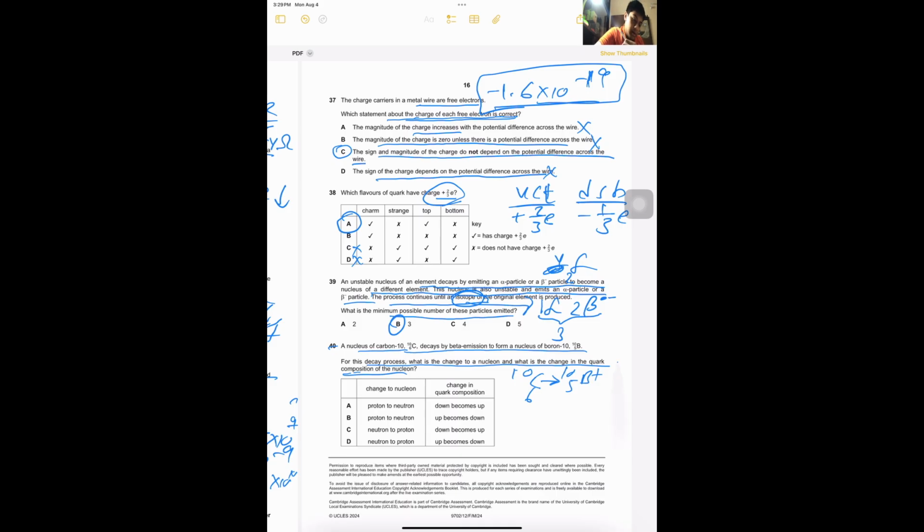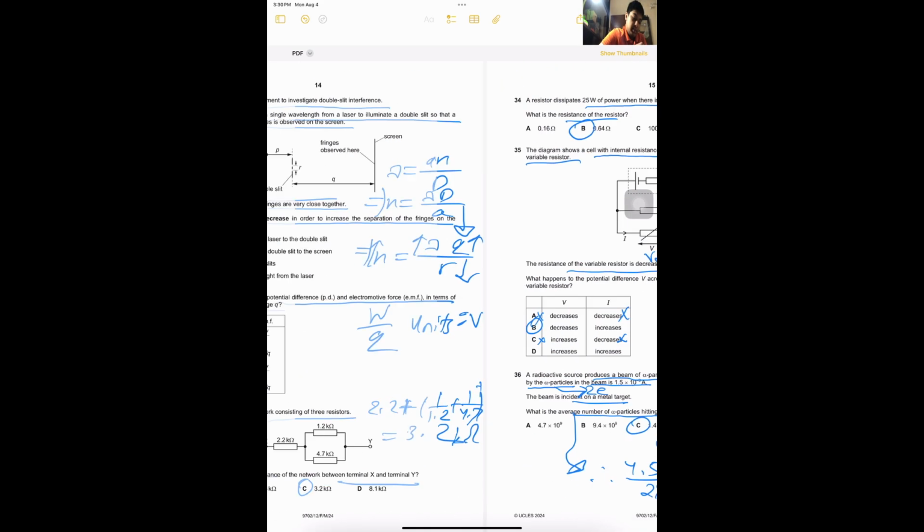Yes, it is emitting a beta plus, because the atomic number has reduced by one. So a proton is converted to a neutron. So C and D are wrong, and it would become UUD to UDD, meaning one U is converted to one D, so up becomes down. So the answer is hence B.